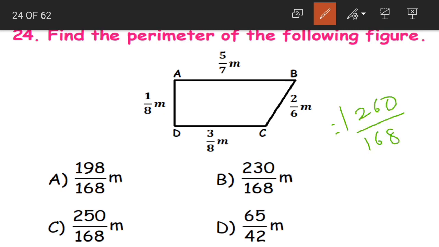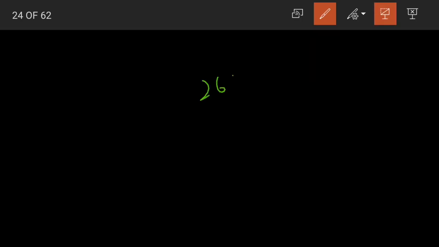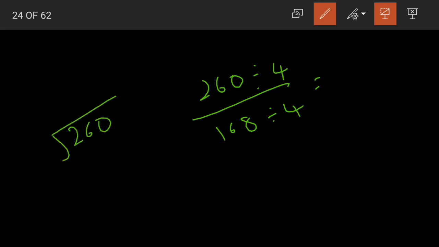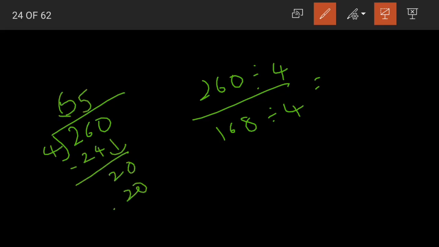Now in the given options we do not have 260 by 168. So is this our wrong answer then? No. See, 260 and 168 both have 4 as their common factor. When we divide 260 by 4, we have 4 6s are 24, when we subtract 2 is remaining, 0 brought down, 4 5s are 20.